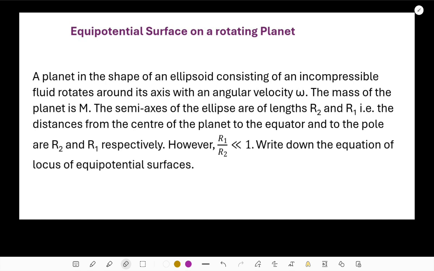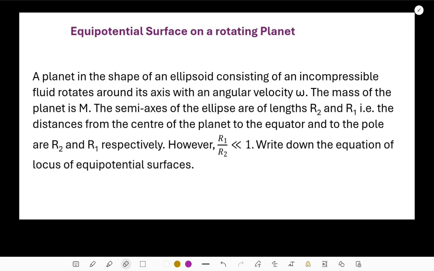Well, there can be some axis, I'm not quite sure. The mass of the planet is M. The semi-axes of the ellipse are of lengths r1 and r2. That is, the distances from the center of the planet to the equator and to the pole are r1 and r2 respectively.